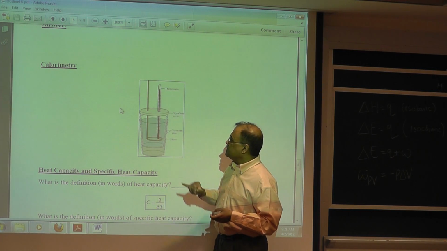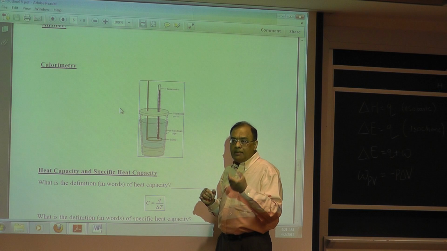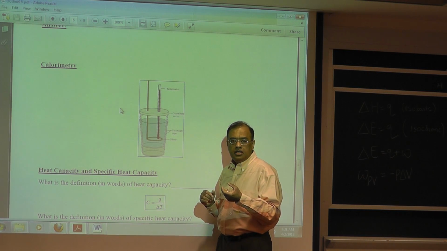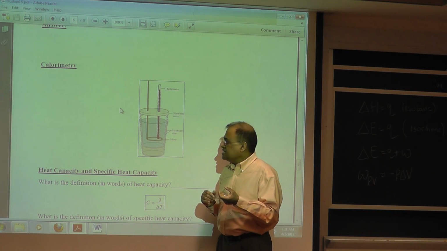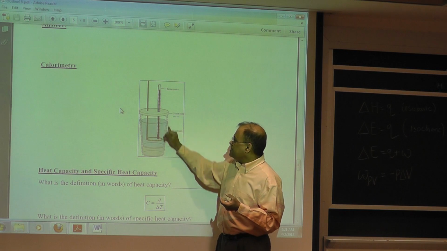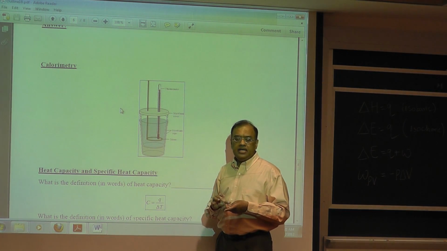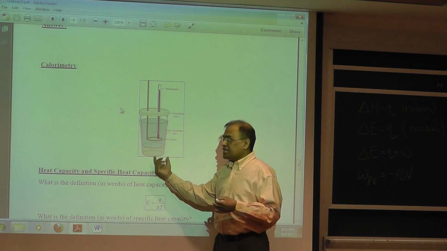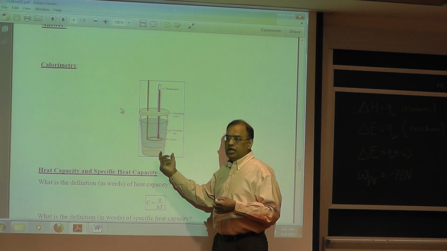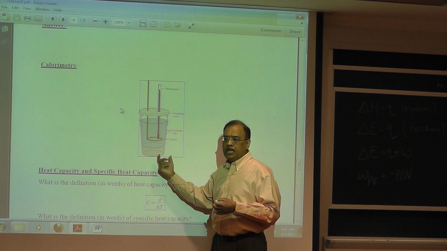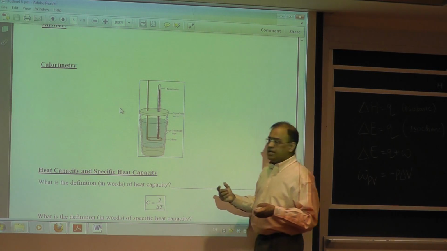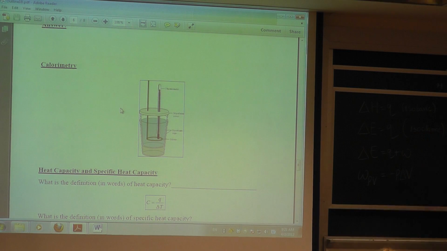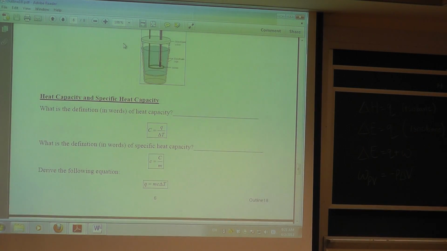You have a thermometer to measure the temperature rise when a chemical reaction occurs. And you have a styrofoam container. Why the styrofoam? Keeps the heat in, and therefore it's a more accurate way of measuring the heat given out in a chemical reaction. All right? But before we talk about calorimetry, we have to define certain quantities.